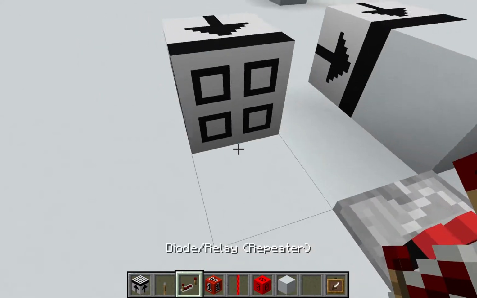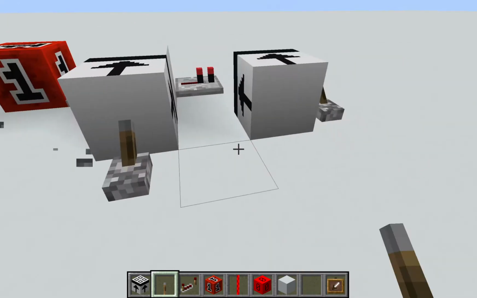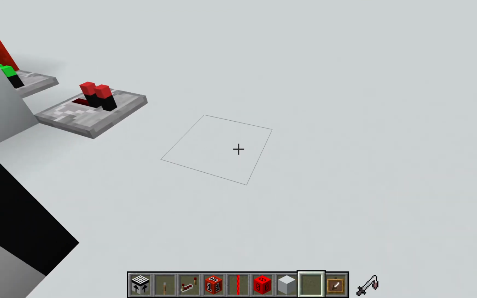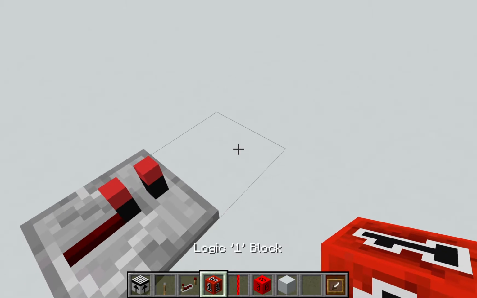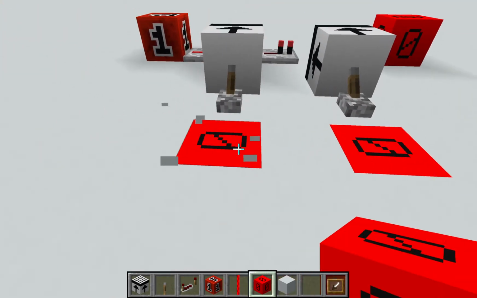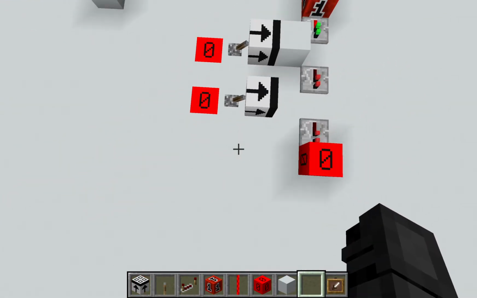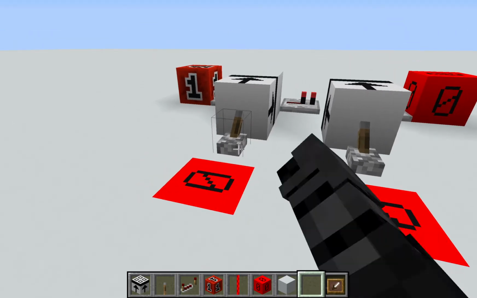Like so, and then measure the output like so. What would you have then? Well, let's have a look, shall we?